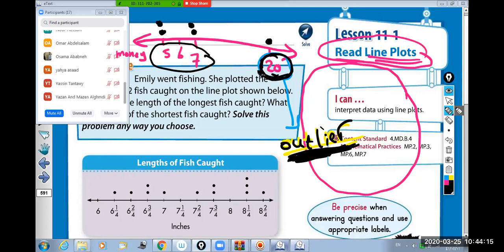So when the student is so far from the classmates, is he far or close? Far. That's why we call him what? Outlier. Do you see the screen or not? Yes. Thank you so much.